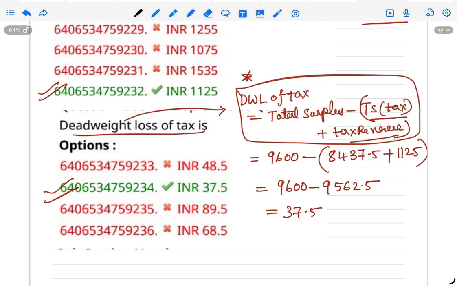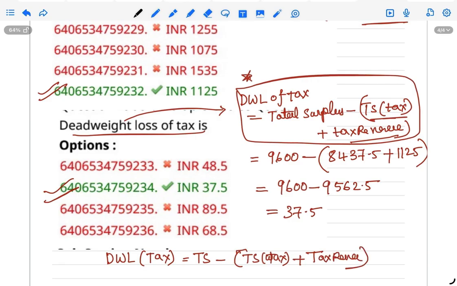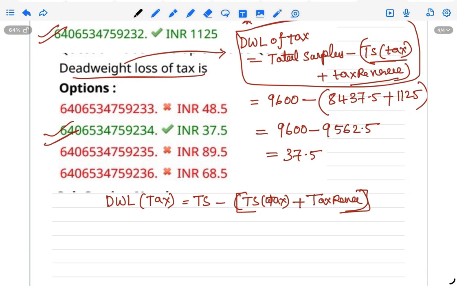So the formula for deadweight loss of tax equals total surplus minus total surplus with tax plus tax revenue. You can add these two and then subtract from the total surplus.